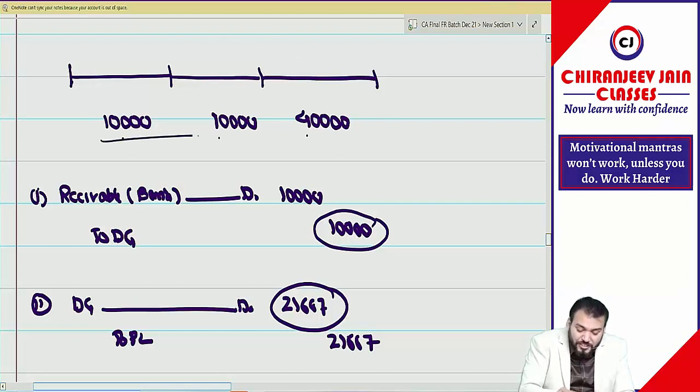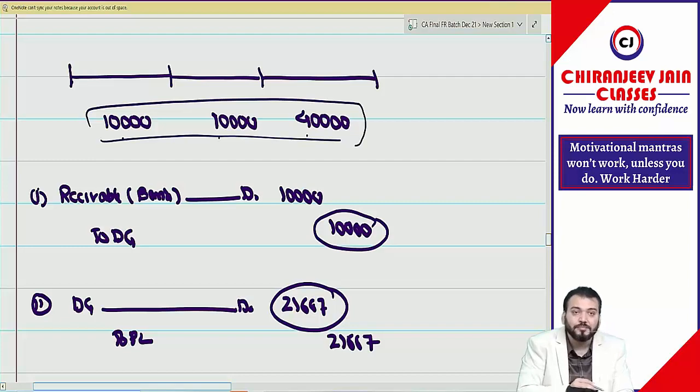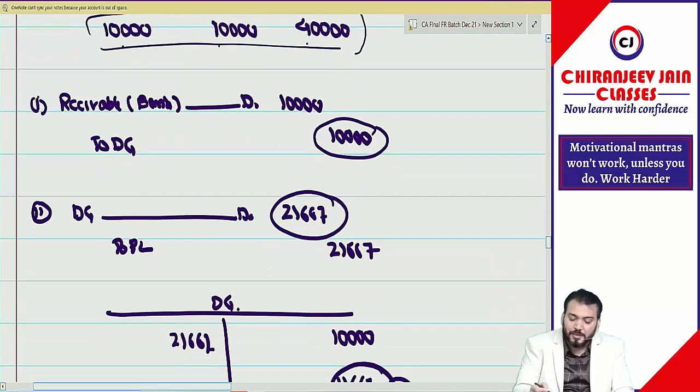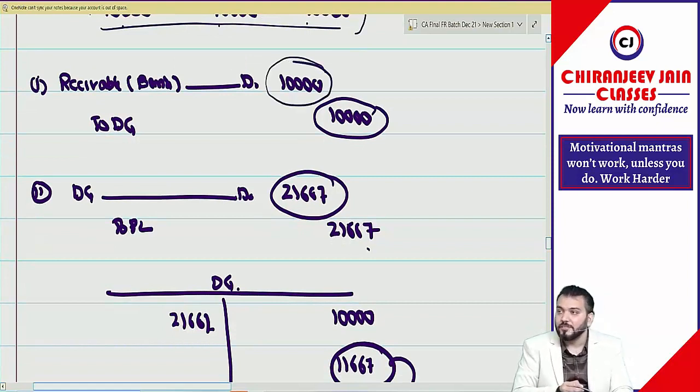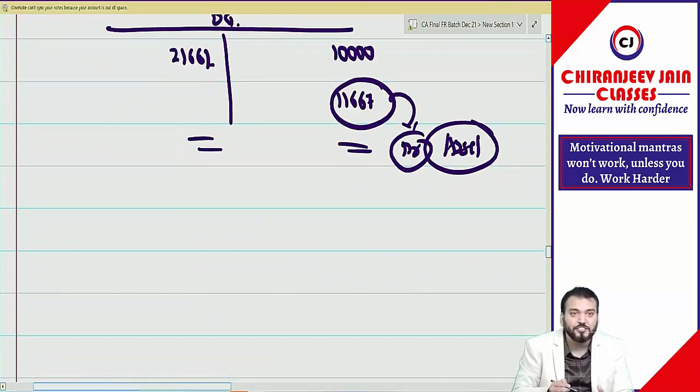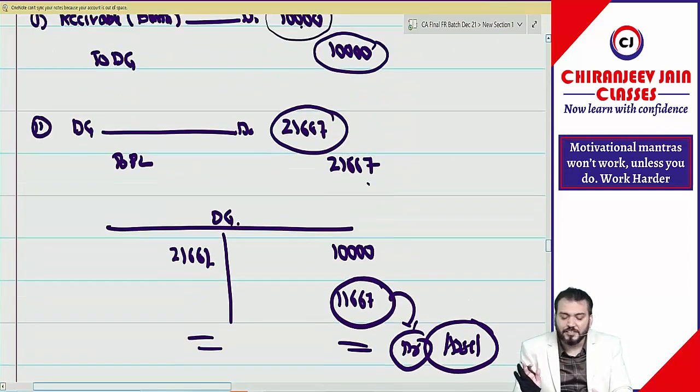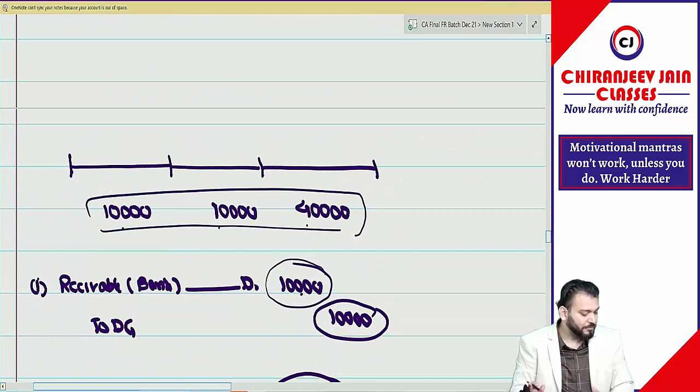The total 60,000 will be amortized over 3 years based on the allocation ratio, on a systematic basis. We have done 21,667, but the receivable was only 10,000. You receive less but you are incurring more, just like a prepaid expense, and the prepaid expense will become an asset. But this type of question they will not ask.